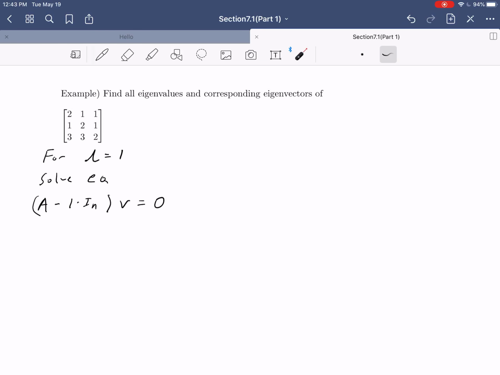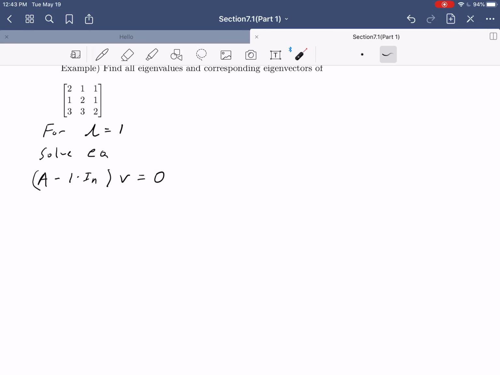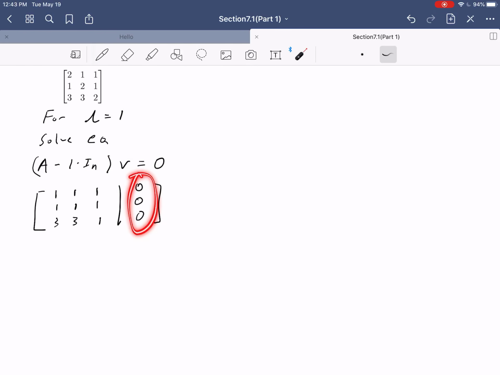So we're going to subtract 1 off of the diagonal and then augment that. That means we're going to have 1, 1, 1, 1, 1, 1, 3, 3, 1, augmented with 0, 0, 0. All I'm doing there is removing my eigenvalue off the diagonal, which is what this 1 times the identity matrix is going to do, and then augmenting it with 0. So it should be pretty easy there.